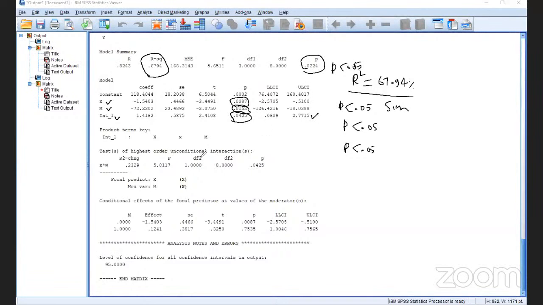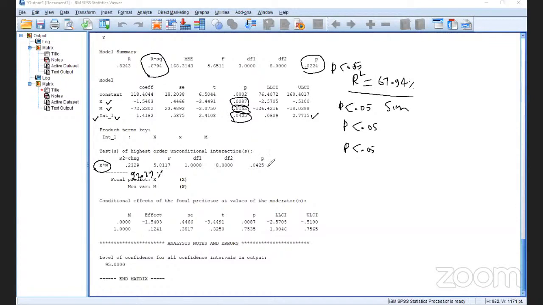Now the R square change: when we include the interaction term, the product of the independent variable and the moderator, is it significant? The R square of this interaction term is 23.29.